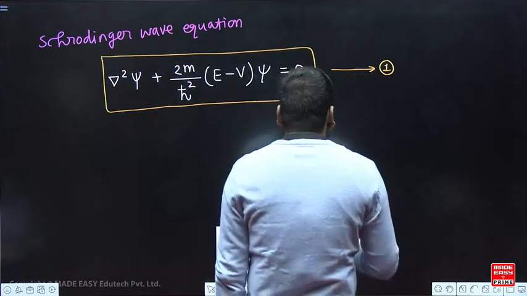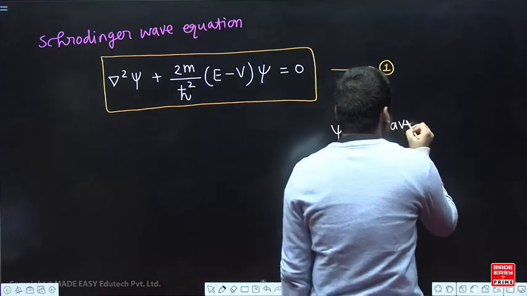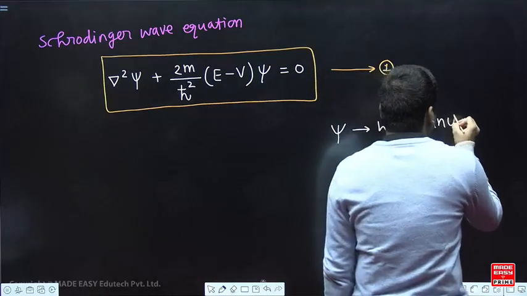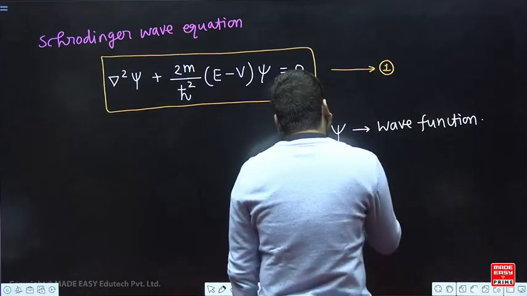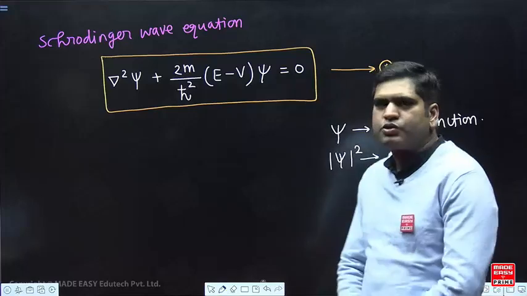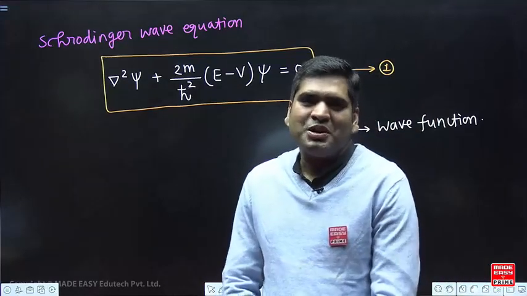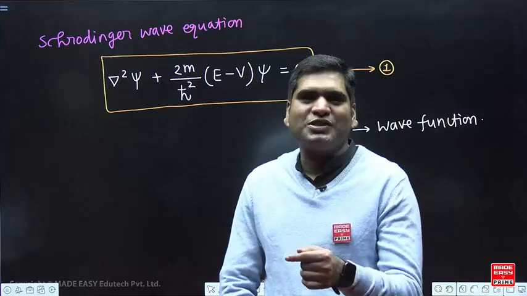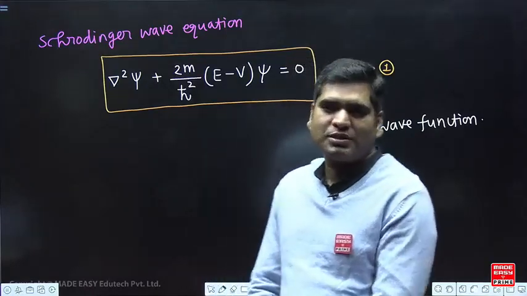Here psi is known as wave function. It is a mathematical function. We are not interested in this. Magnitude of psi square is function of x, y, z, and x, y, z are nothing but the position. So basically magnitude of psi square will tell us the distribution of electron around the nucleus.